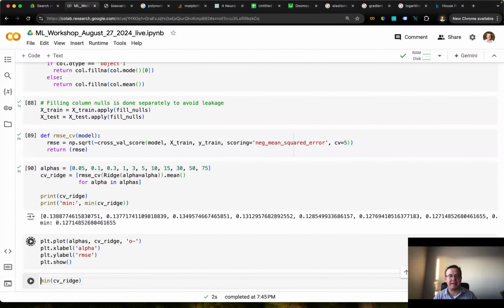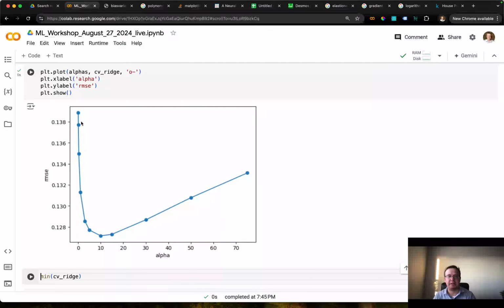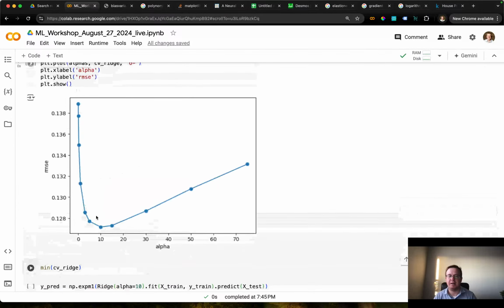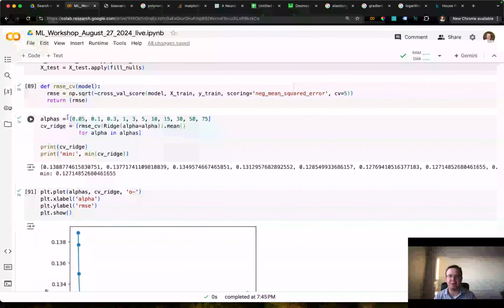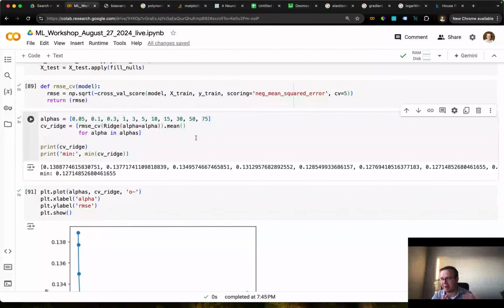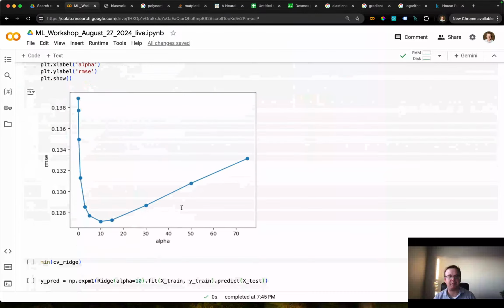Okay. If I plot this, it looks like an alpha value of around 10 gives me the lowest root mean squared error. Okay. Which is why I chose these values here. So I'd already played around with this. This is a little bit of a canned demonstration, but this is all things we've seen before.